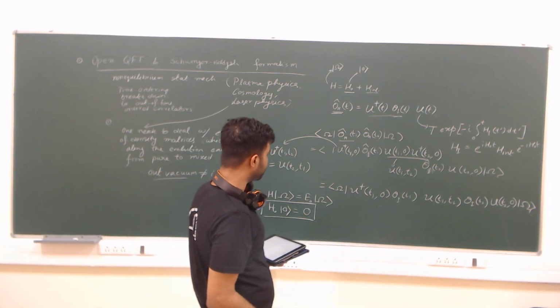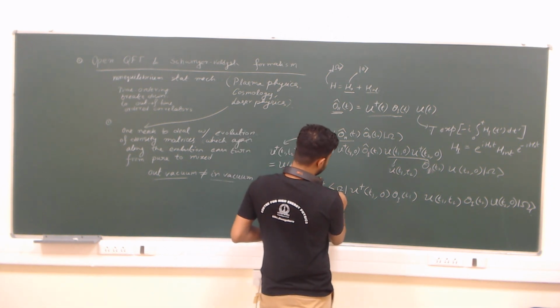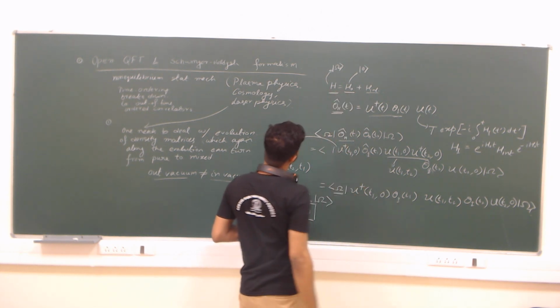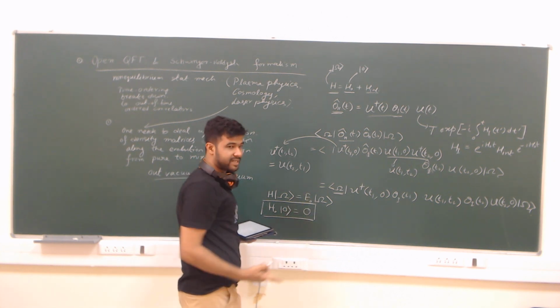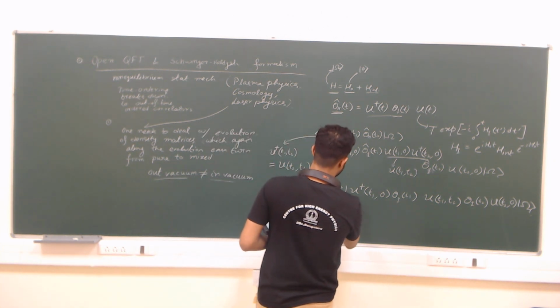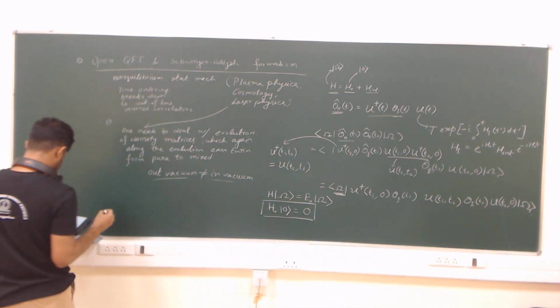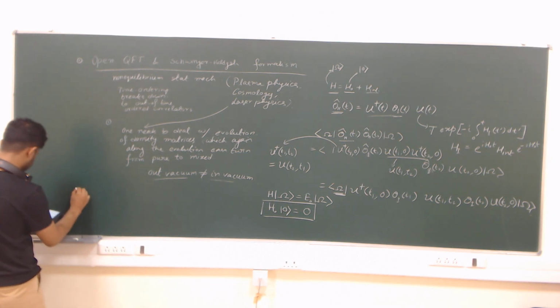Of course, we can only replace this interacting theory vacuum, or the more general H theory vacuum, in terms of the free vacuum only in the interaction picture. We cannot do it in the Schrodinger or Heisenberg picture. So let's try to write this omega in terms of 0.